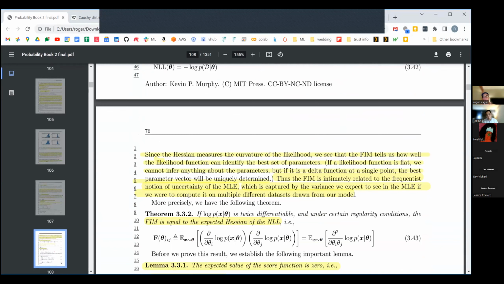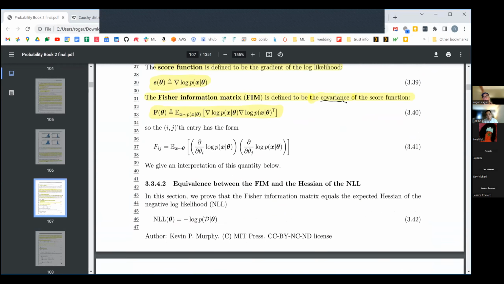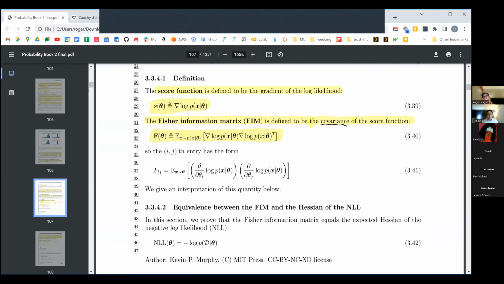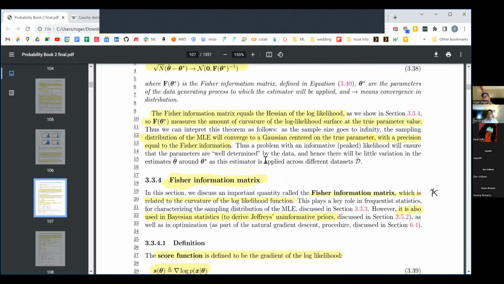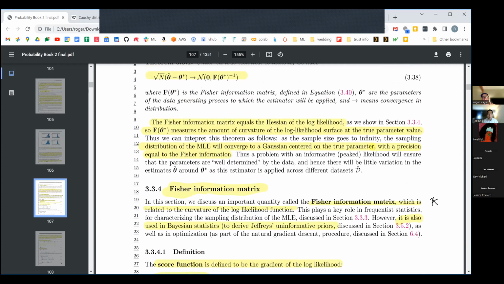I think he actually does use the word precision in the paragraph below equation 338. So if you look at the fourth line of that paragraph. Line 13. Okay. Yeah. Oh yeah, there's line numbers.